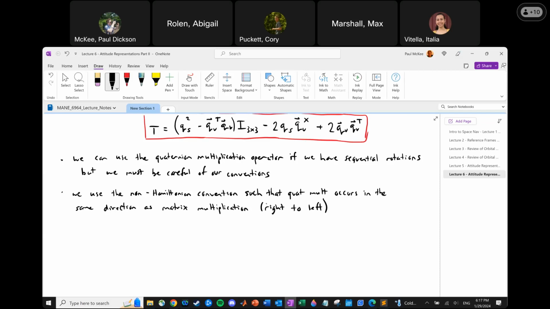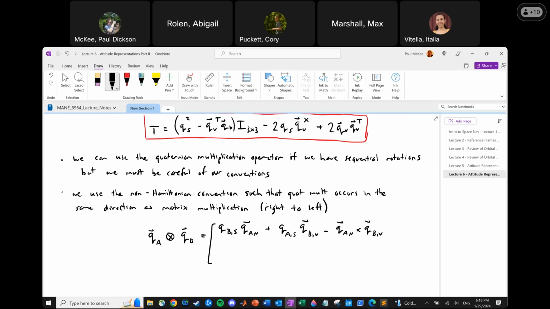So here's the quaternion multiplication operator. We've got some quaternion A, and we're going to use this symbol to multiply them together, and some quaternion B. And what this is as follows. We have quaternion B scalar times quaternion A vector, plus quaternion A scalar times quaternion B vector, minus quaternion A vector crossed with quaternion B vector.